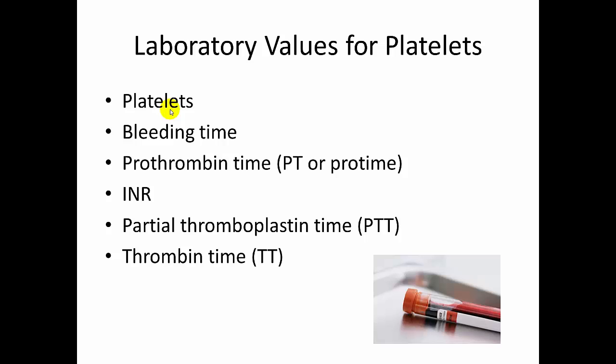Anything over 3.5 is more than adequate therapy. We want to cut down their dose. Partial thromboplastin time, normal is 25 to 35 seconds, and normal thrombin time is 24 to 35 seconds.